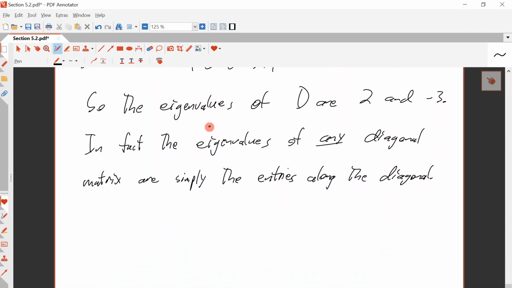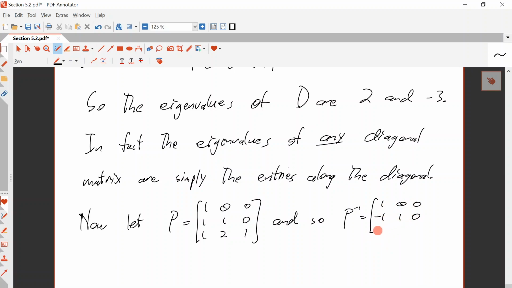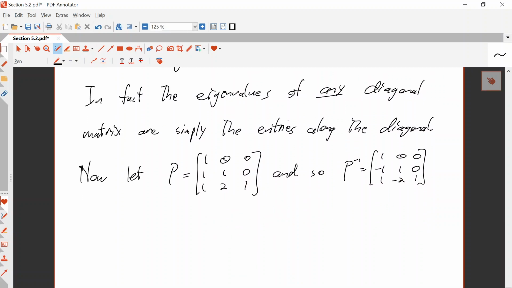Okay, so now consider, let P equal 1, 0, 0, 1, 1, 0, 1, 2, 1, and so P inverse is equal to, so here's just a matrix I know. Okay, they're almost the same, but not exactly. So let P and P inverse be equal to this.